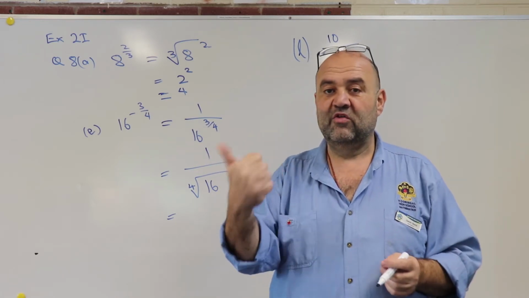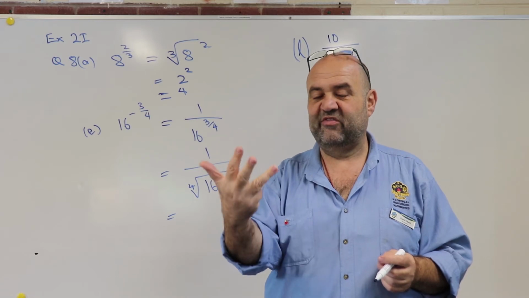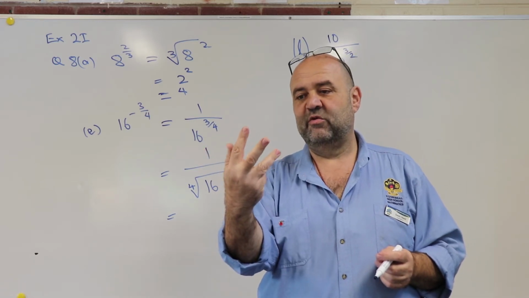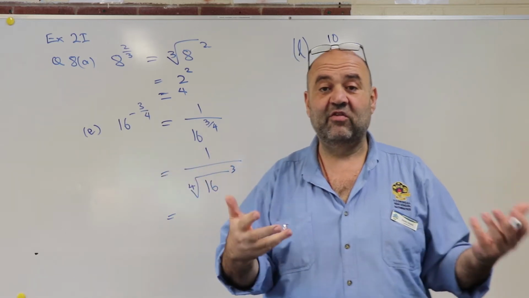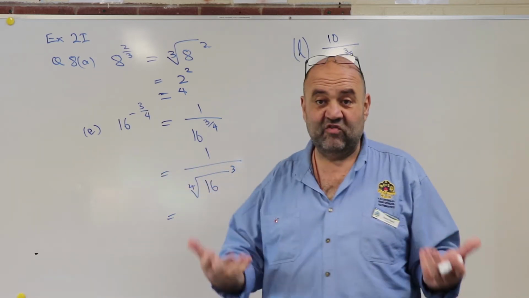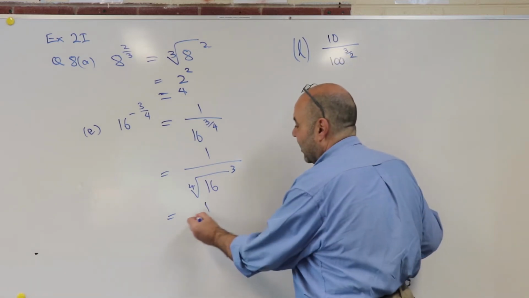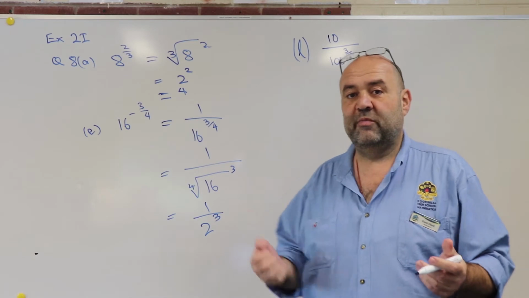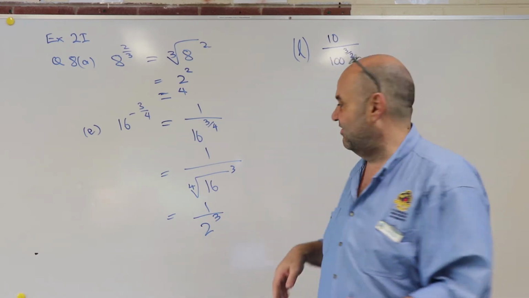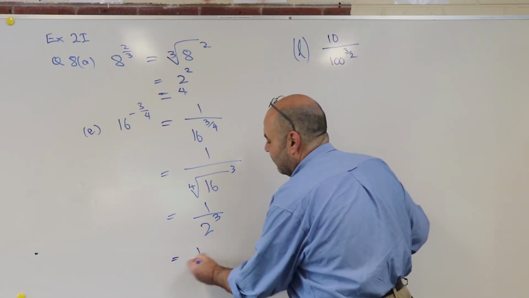What about 2? 2 times 2 is 4, times 2 is 8, times 2 is 16, so the 4th root of 16 is 2. So I've got 1 over 2 to the power of 3, well 2 to the power of 3 is 2 times 2 times 2, that's 8, so the answer is 1 over 8.